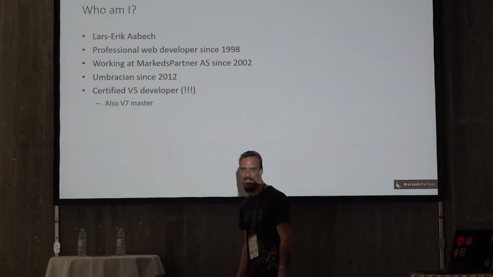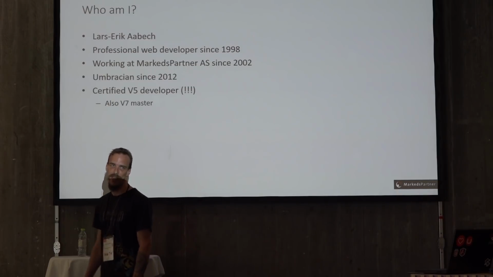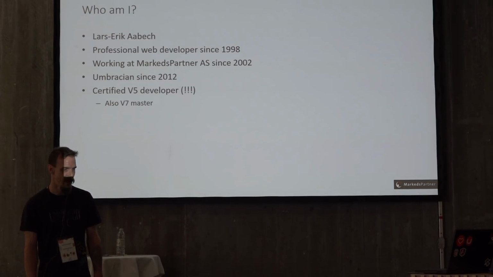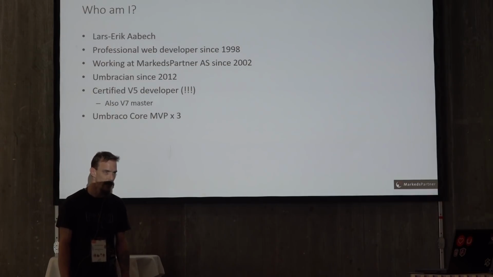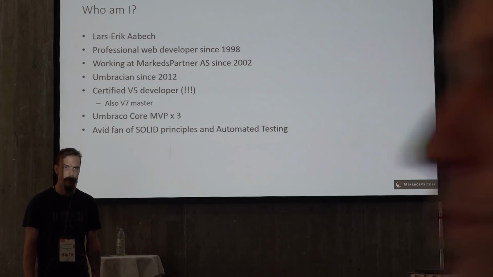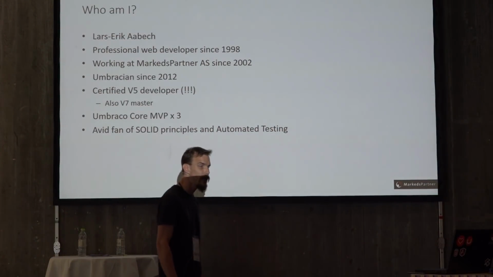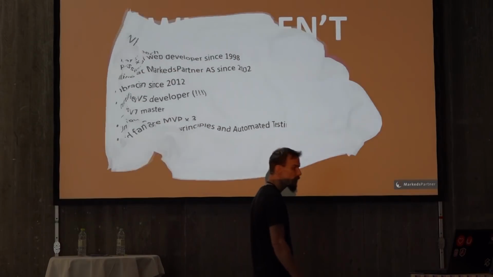But I've also managed to get my version 7 master since, so hopefully soon there'll be a version 8 degree out as well. I've been lucky enough to be awarded MVP 3 times now, so I'm pretty proud about that, and I think that's because I'm an avid fan of SOLID principles and automated testing, which is why we're here today.